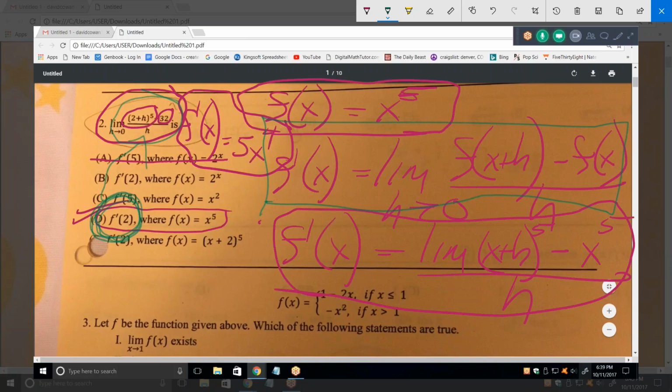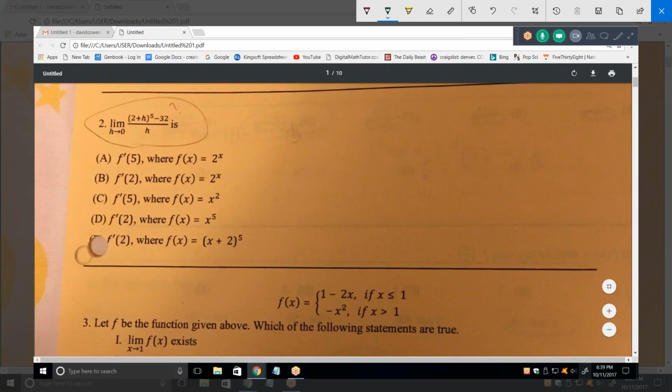I want to make sure you understand this because this isn't all that clear. That can't be the original function. Because if it was, then the first derivative of x would be the limit of 2 to the x plus h minus 2 to the x all divided by h.